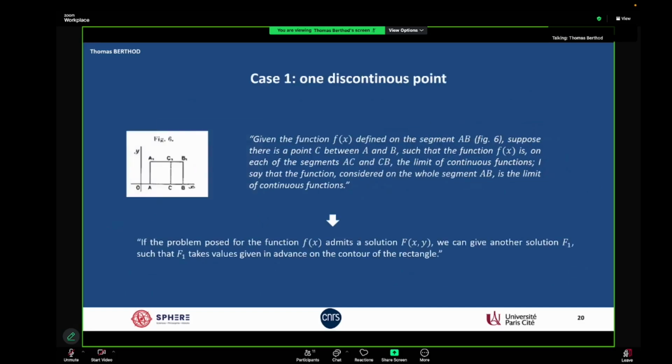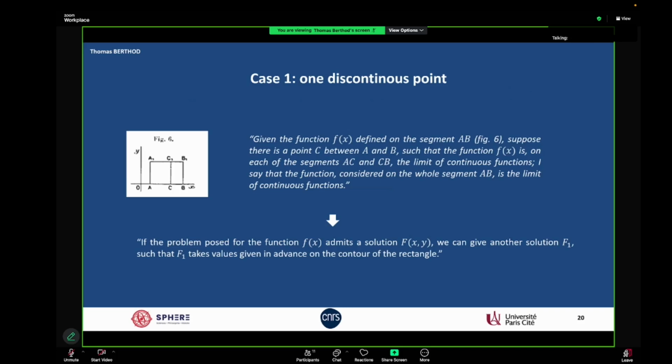And thanks to that, the problem of one discontinuous point at C is easily solved, because if you transform your sequence of continuous functions into a function of two variables on the segment AC, and the same on the segment CB, you could just stick the two definitions together to obtain a function of two variables on the segment AB, because you could choose an arbitrary value on the straight line C1. It's not a problem thanks to this assumption that he proves.